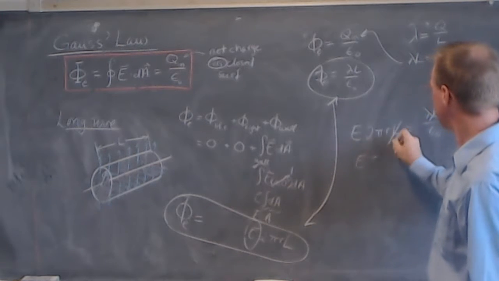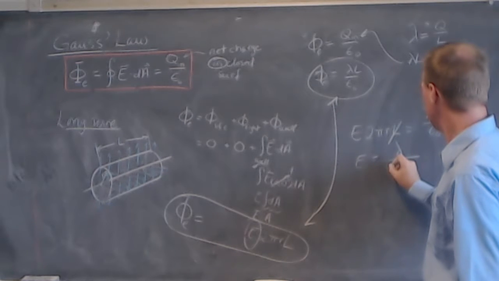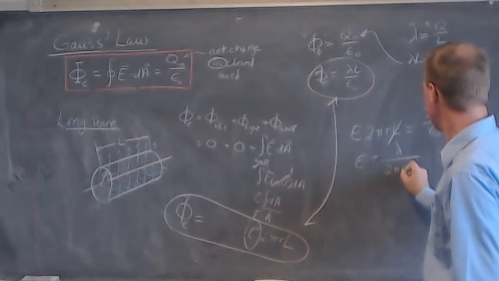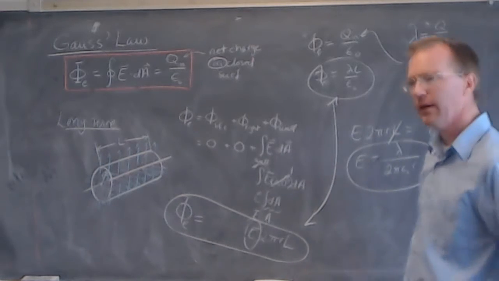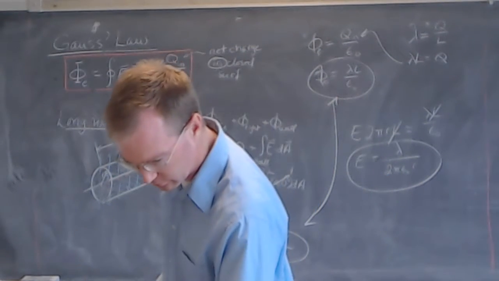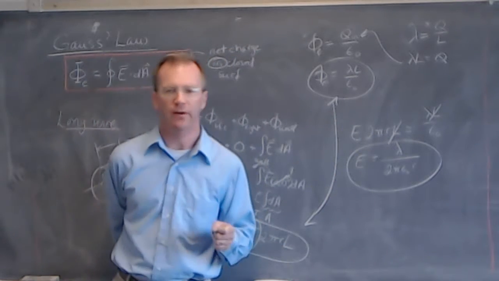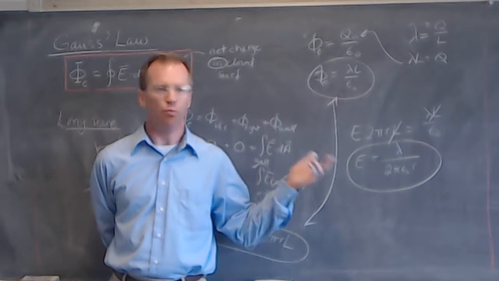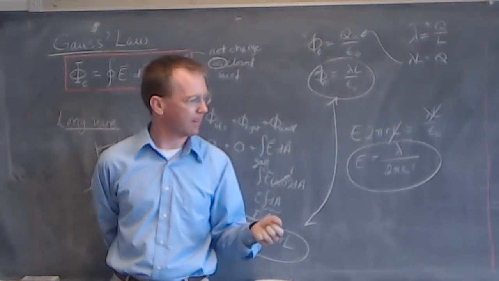Divide both sides by 2 pi r, and I've got lambda over 2 pi epsilon naught r. And if you look, you will find that that's the same as what we already found from the infinite wire case. But we did it much more simply applying Gauss's law.